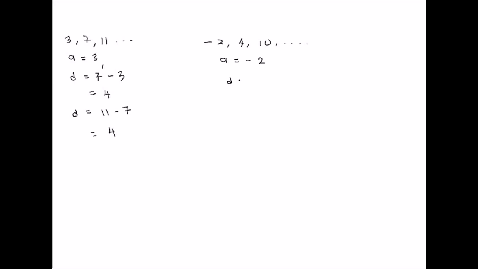And to find the common difference, term minus the previous term. So we can do 4 minus -2, which is 6, or 10 minus 4, which also equals 6. So -2, 4, 10 is another example of arithmetic sequence.